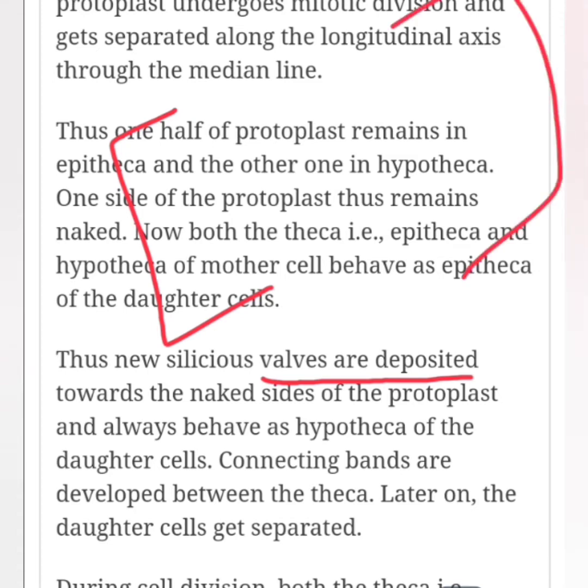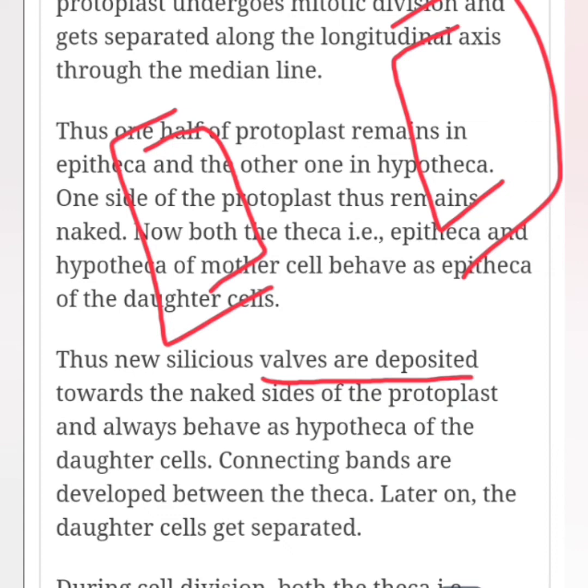So new siliceous valves will get deposited here, towards the naked side of the protoplast in both these daughter cells. And also connecting bands are developed between these theca, and later on these daughter cells also will get separated in the same manner as the first division.